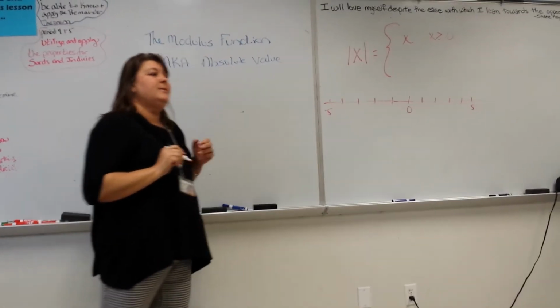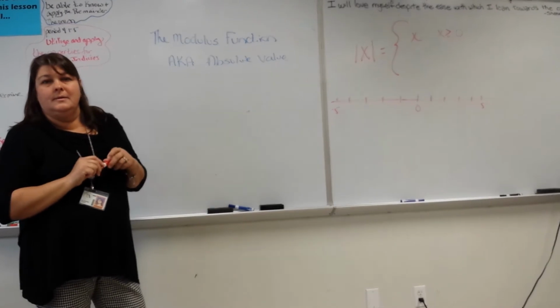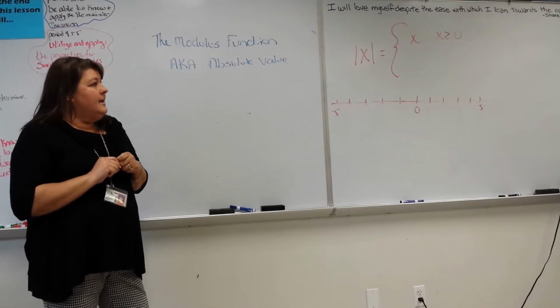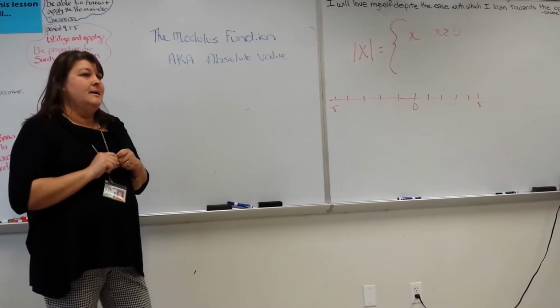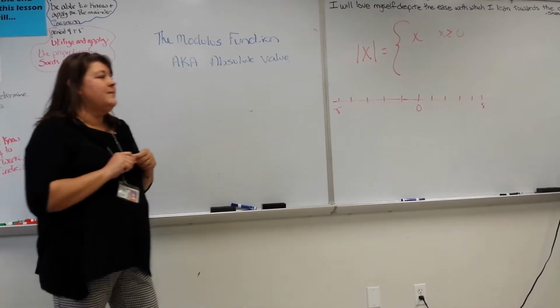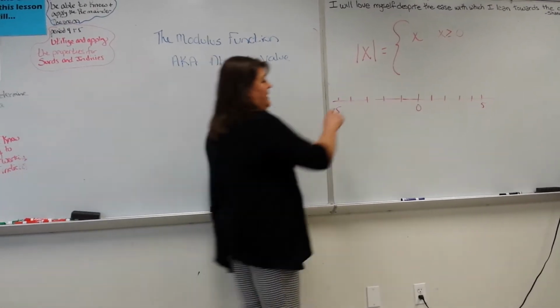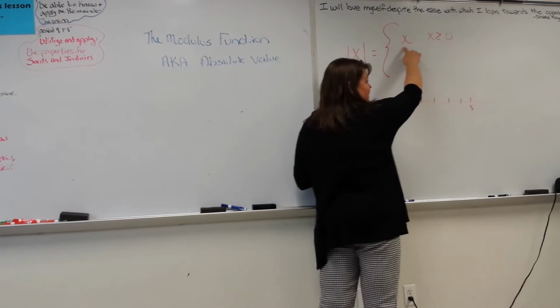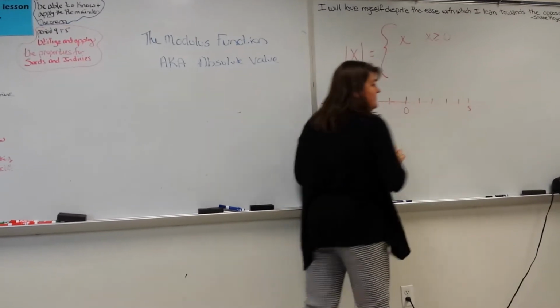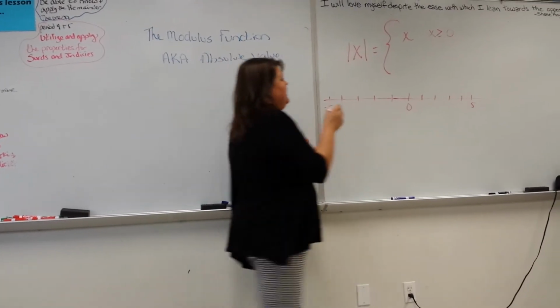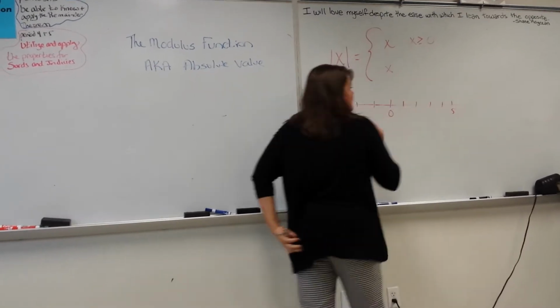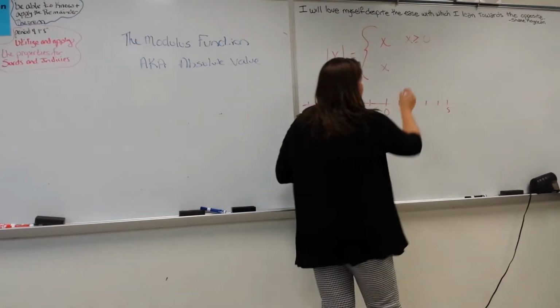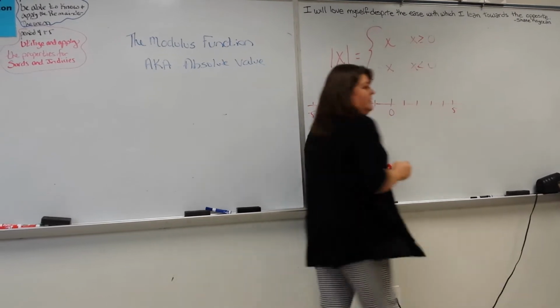Think about the numbers that are bigger than or equal to 0. Plug in 3. The absolute value of 3 is 3 because 3 is bigger than 0. Does that make sense?